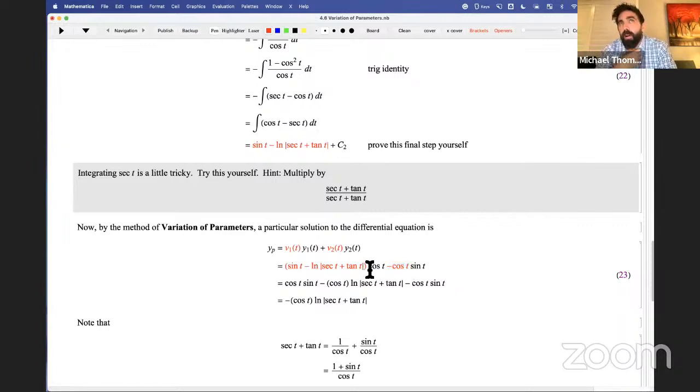One of the things that you always want to do when you get to an answer is try and simplify it. So let's see if we can simplify this a little bit. If we distribute the cosine t, this cosine t sine t will cancel with that negative cosine t sine t. And what you'll be left with is just this last remaining term.